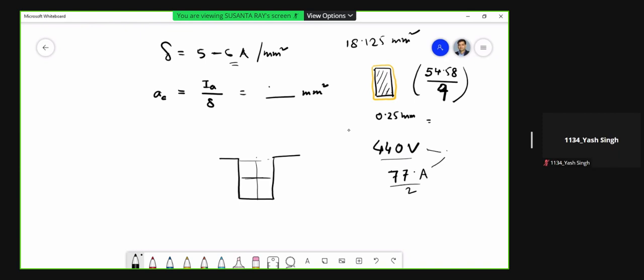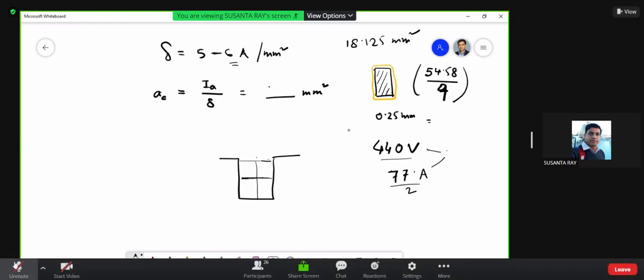Now, the conductor which you are considering for your slot design should have insulation covering on all sides. Then you have to design the slot.